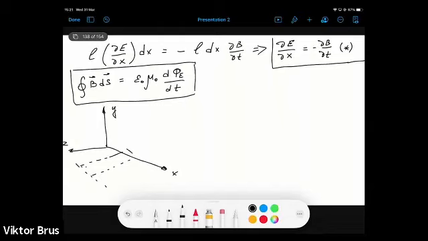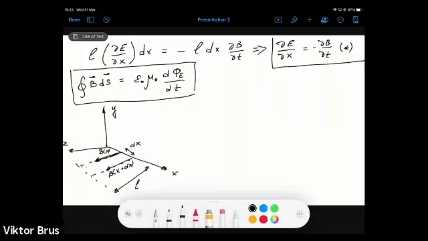So we have dx, the width of the rectangle, then we have the length of the rectangle L. Here we have the magnetic field vector Bx, and here is another one, which is B(x + dx).